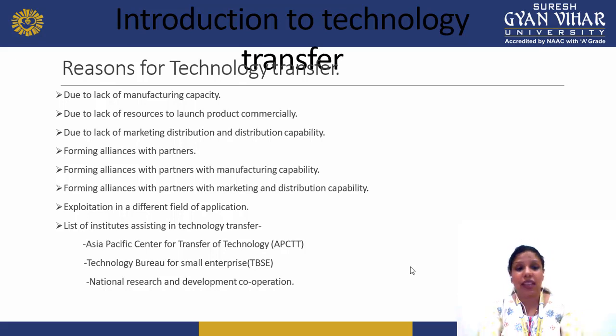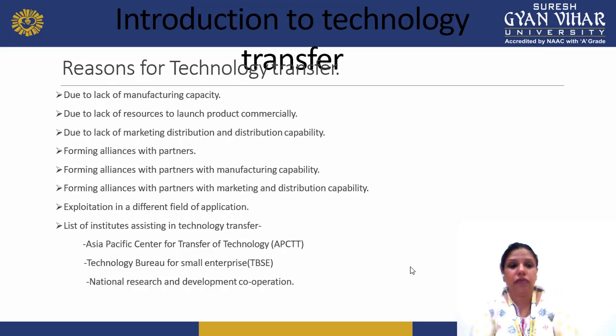If you lack any resources and you want to launch the product commercially, you can also go for technology transfer. For example, you have fewer resources related to the testing of the formulation, so you have to transfer your technology from one place to another place.